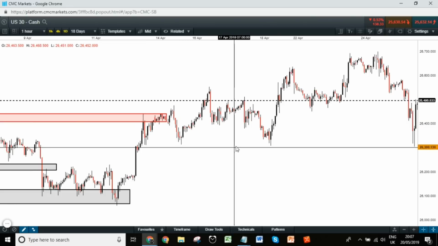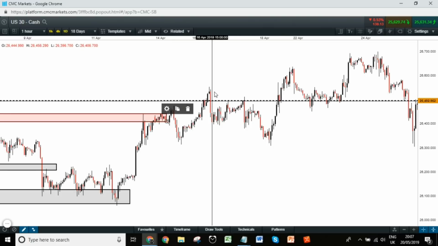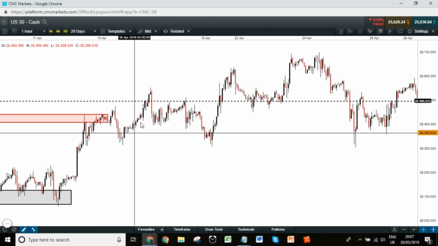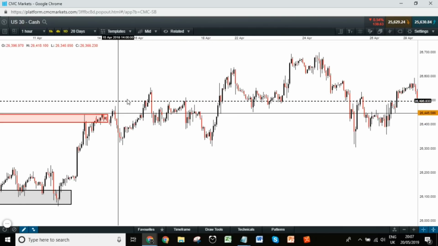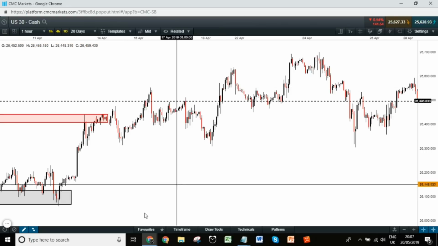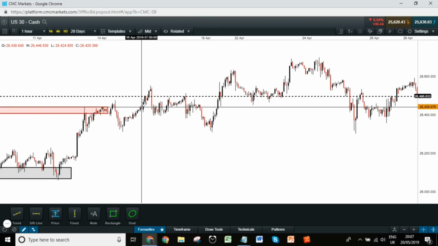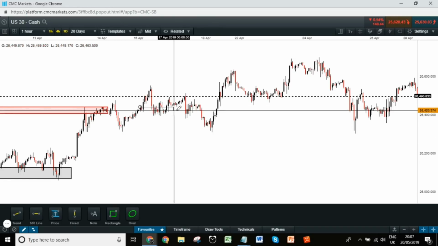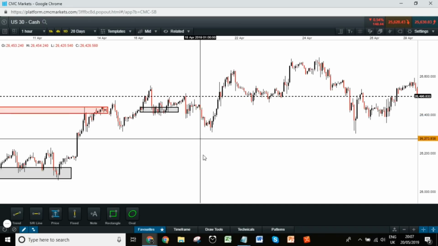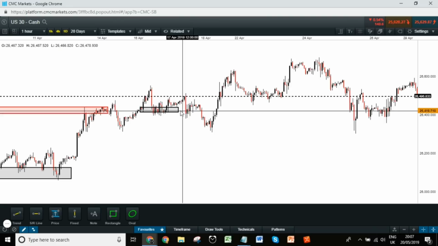All right, cool. So now the market's making higher highs. So we're looking along the event chain and thinking, okay, it's made a new high here. All right, what's around here? We've got this zone here. Perfect. Right, the market's barely broken through it.